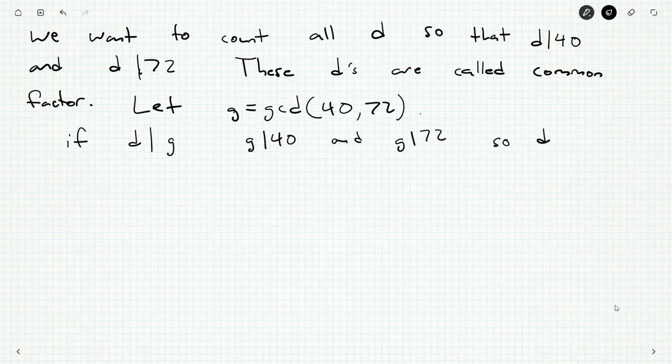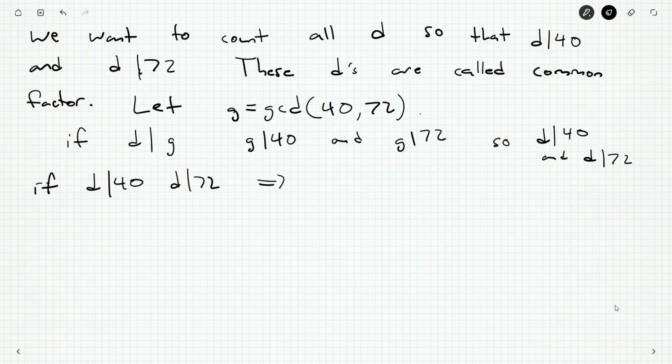So if D divides G, then D divides both 40 and 72. Okay? And if D divides these, well, it can't be bigger than G. So if D divides 40 and D divides 72, then that tells us that D divides our greatest common divisor. Okay? So these are nice, wholesome math facts. So I just want to count the number.